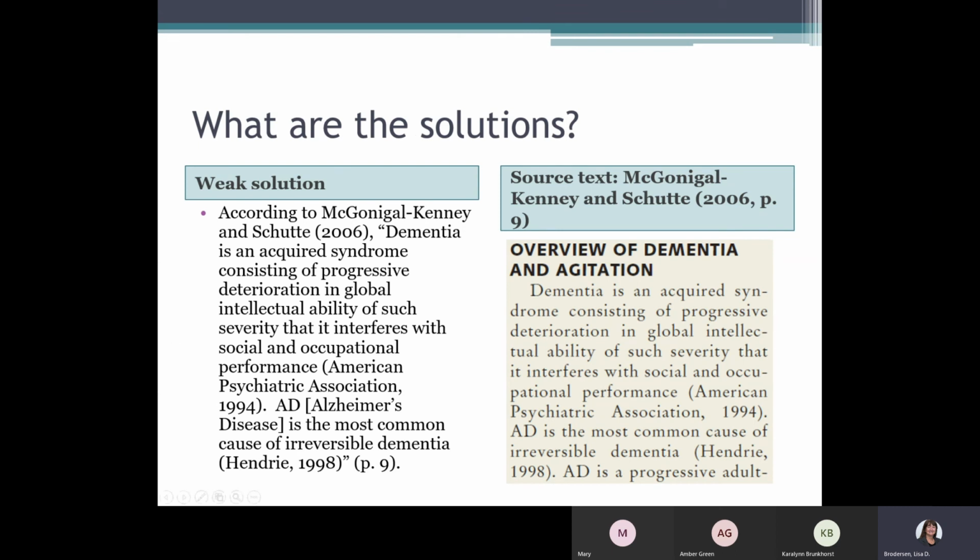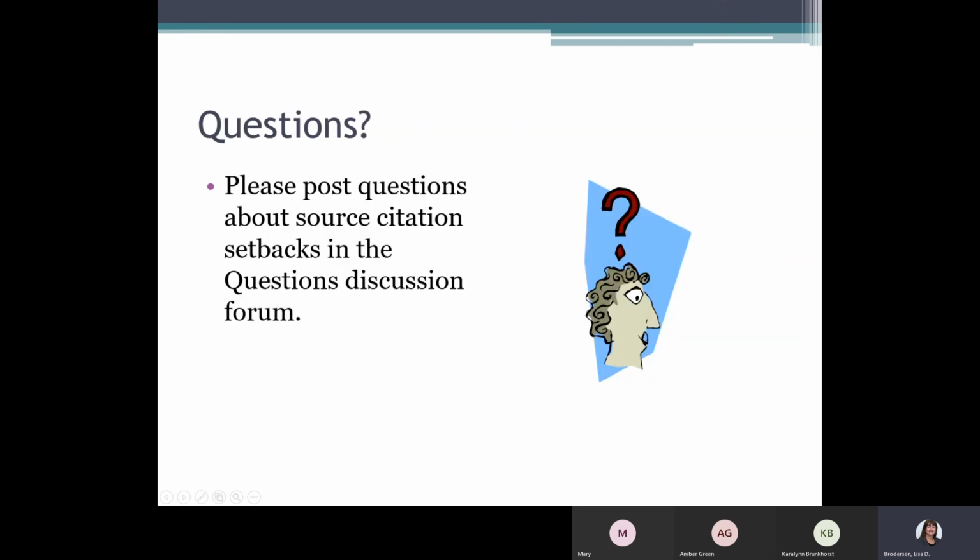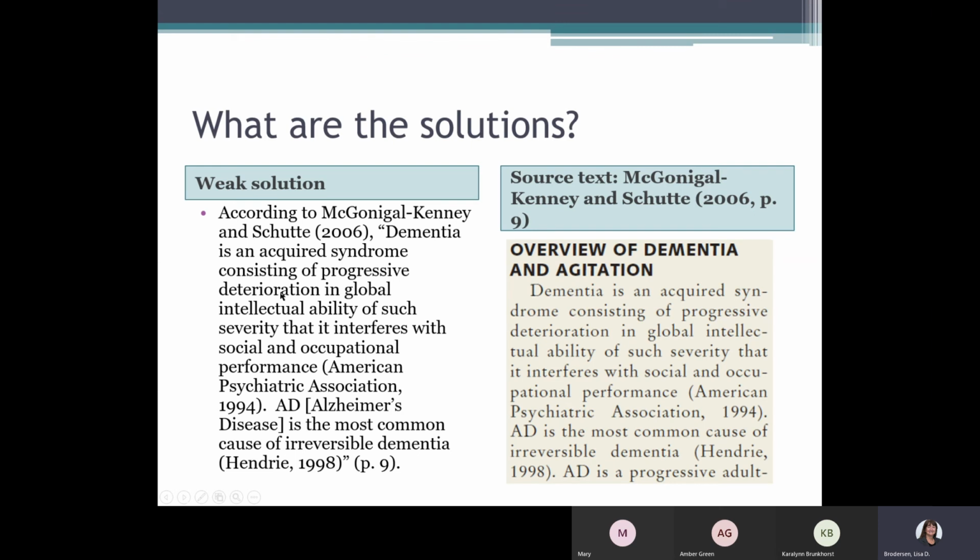So here's an example of how you could remedy that situation. We just include the citations in the quotation, and you'll notice here that in brackets I added information, Alzheimer's disease, because anytime, assuming Alzheimer's disease had not been previously defined as an abbreviation, AD, in the student's paper, at this point you need to define it for readers.